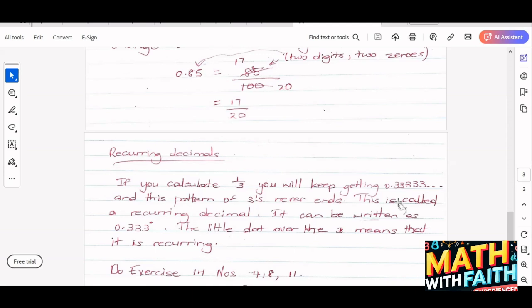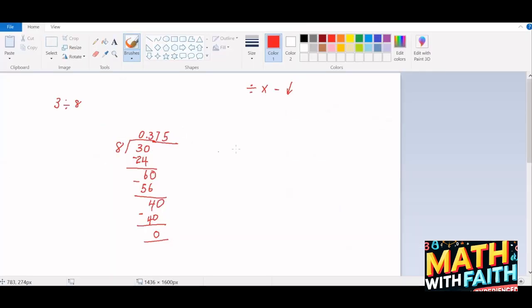So you can write it as 0.333 with a little dot over it, and the dot means recurrent. Also, if you have a recurrent decimal, let's say 0.27 recurring, where the 2 and the 7 are recurring, you can put a little dash over it. So that means the 2 and the 7 recur.